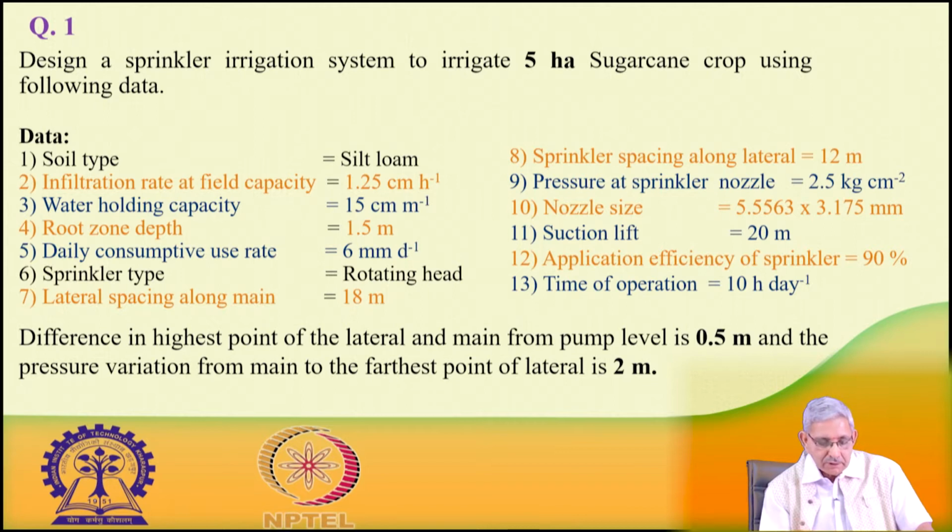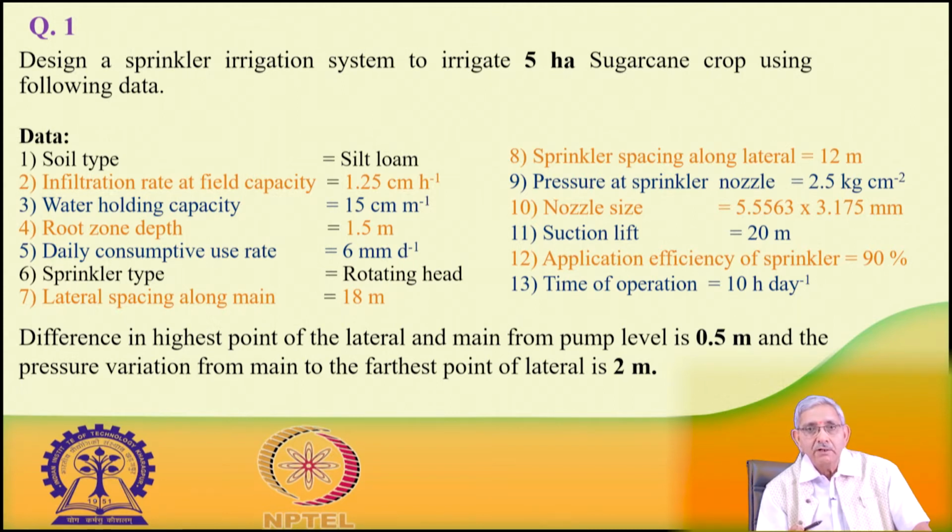And then the sprinkler system is a rotating head sprinkler nozzle, and there are other data available. We have decided that the lateral spacing along the main is 18 meter.